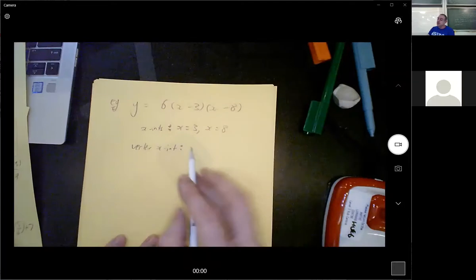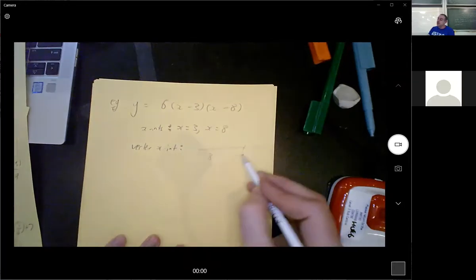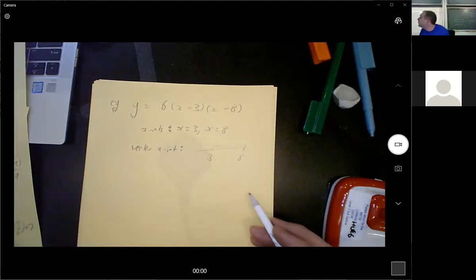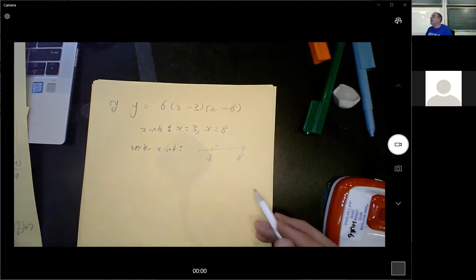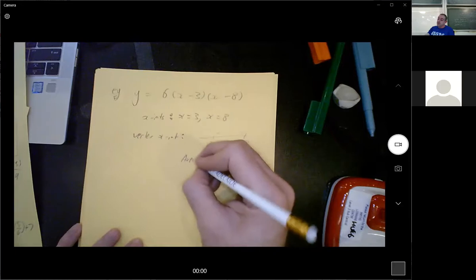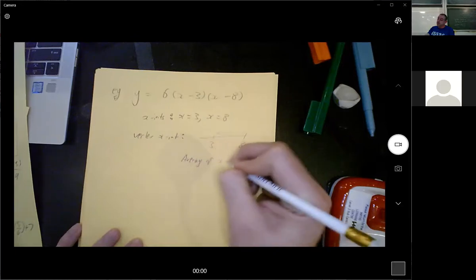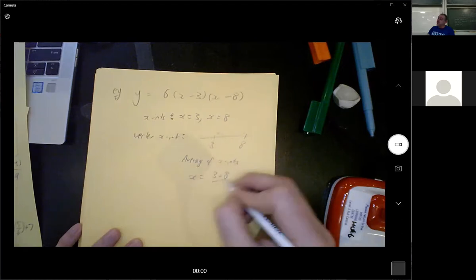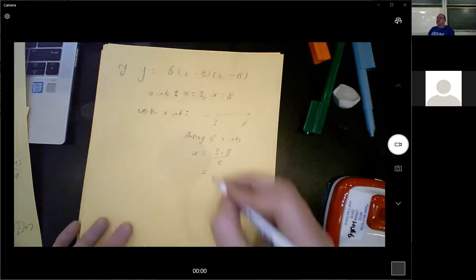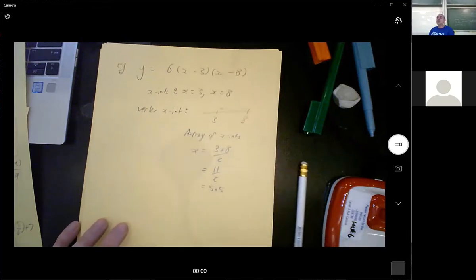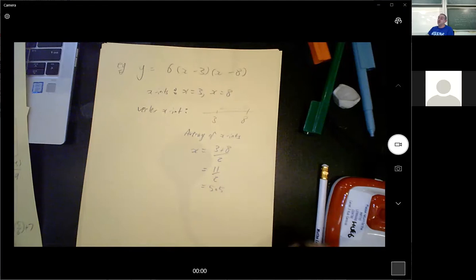So there's 3 and there's 8 and this distance is 5. So we'll have to go 2.5 up from the 3, so 5.5. So it'll be the average of those two numbers. So you'll get x equals the average of those two. Or you could leave it as a fraction if you wanted.